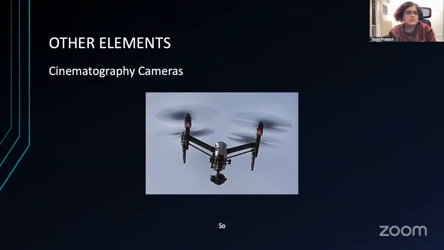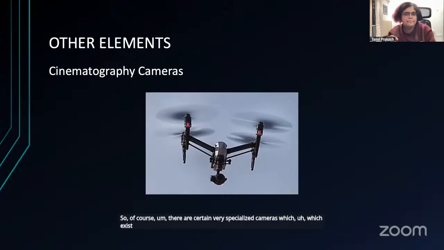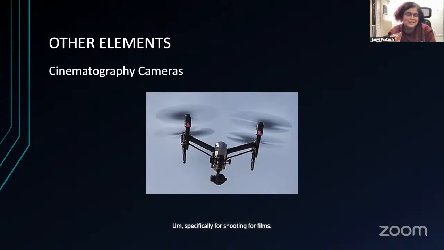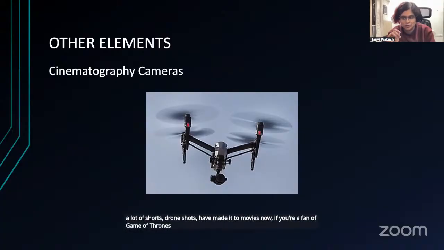Of course, there are certain very specialized cameras which exist. They are specifically for shooting films. A lot of drone shots have made it to movies now. If you're a fan of Game of Thrones, a lot of them are drone shots.